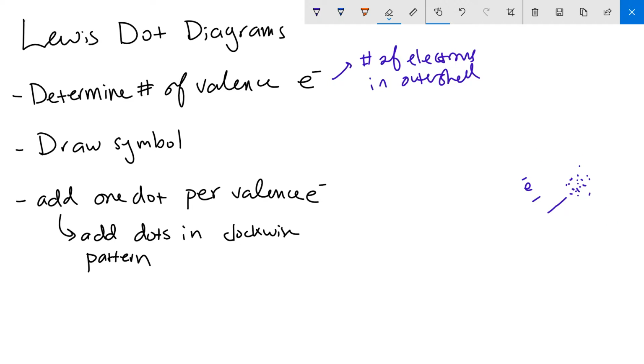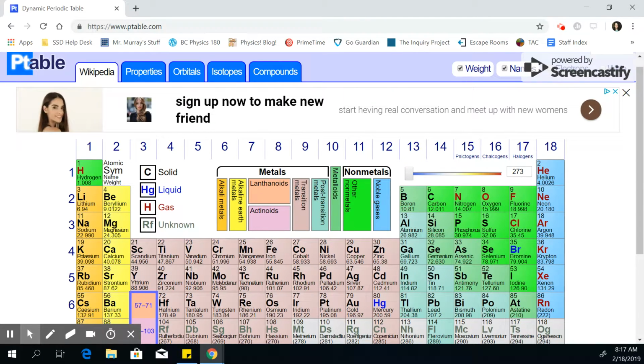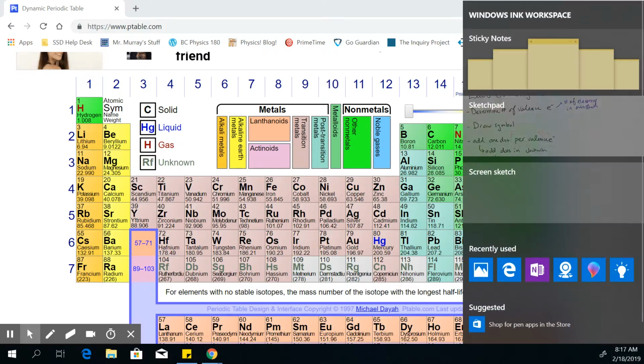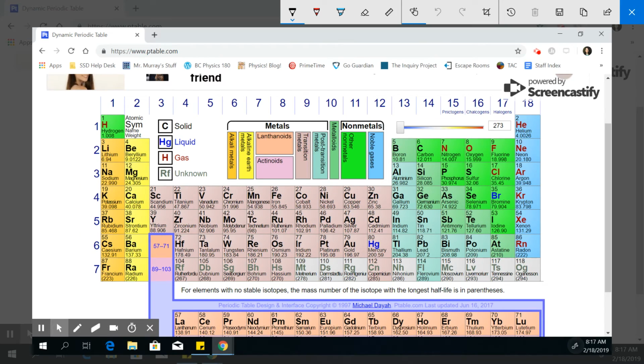How I figured out how many there were is by looking at the periodic table, and there's a really easy way to figure it out. So if I pull up our periodic table, I know that everything in group 1 has one valence electron. Everything in group 2 has two valence electrons.